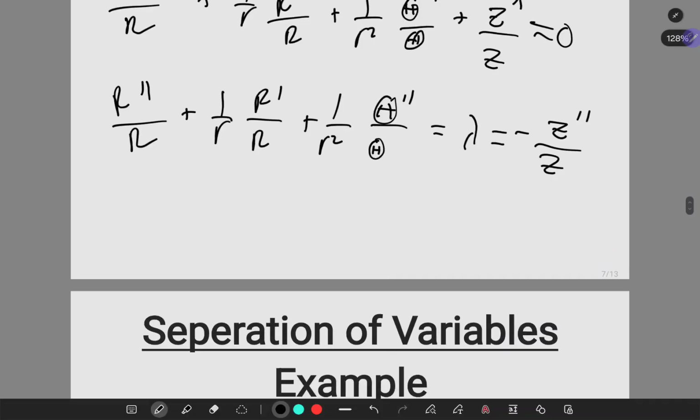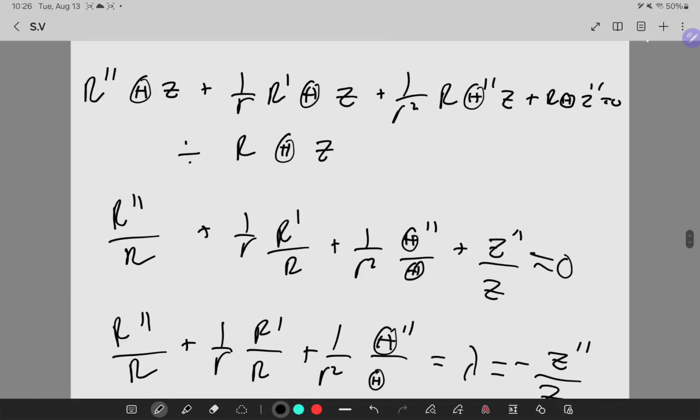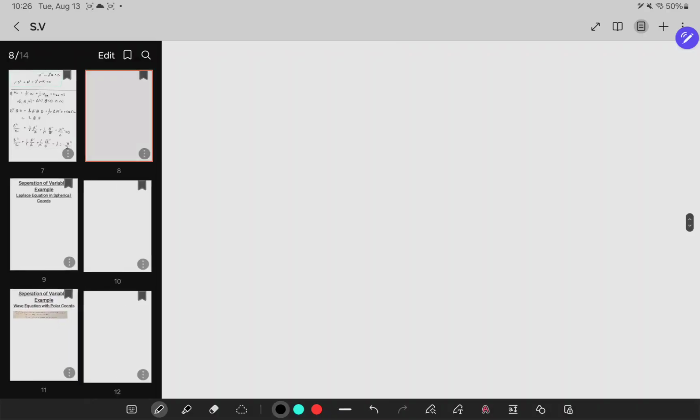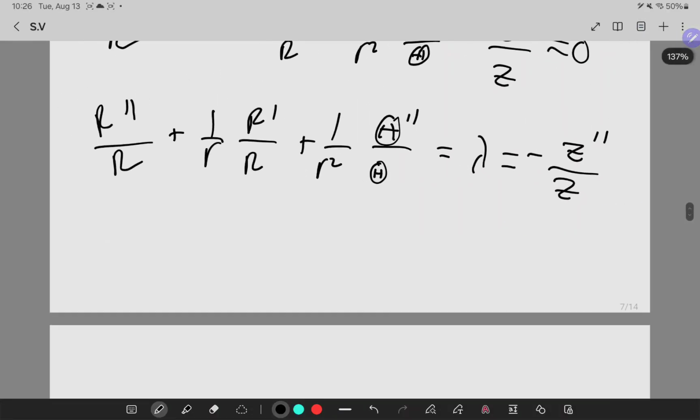So in this case, I need another page. We would have Z double prime, if I move that over, positive, plus lambda Z is equal to 0.